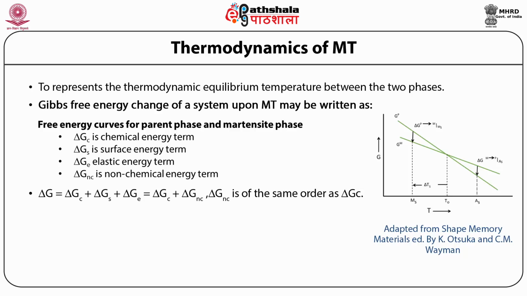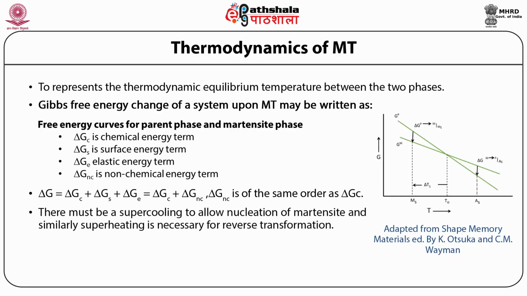We can write delta GS plus delta GE equal to delta GNC, where delta GNC is of the same order as that of delta GC. Thus, a nucleation and growth kind of process is required for the transformation to proceed.